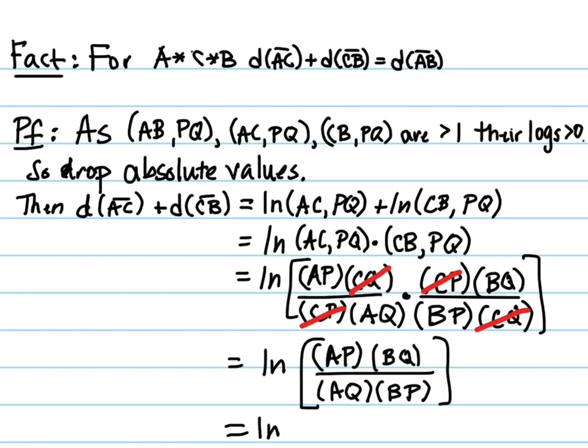And that is the same as the natural log of the cross ratio of AB to PQ by definition, which is, again by definition, the distance AB, the length of the segment AB.